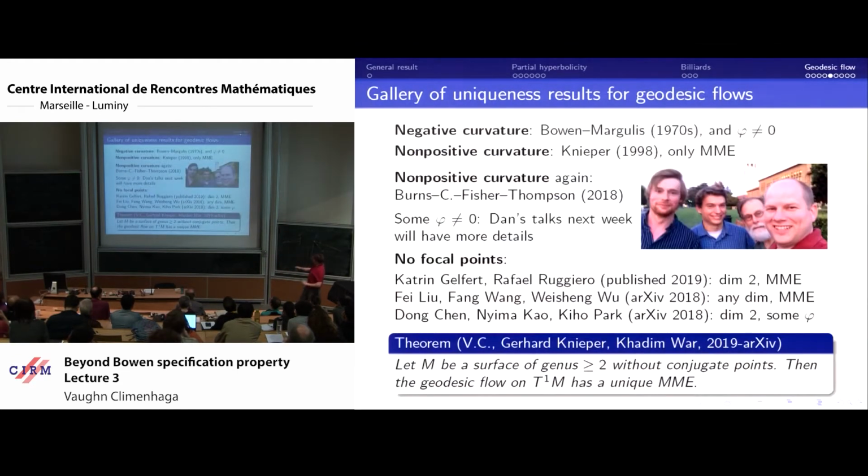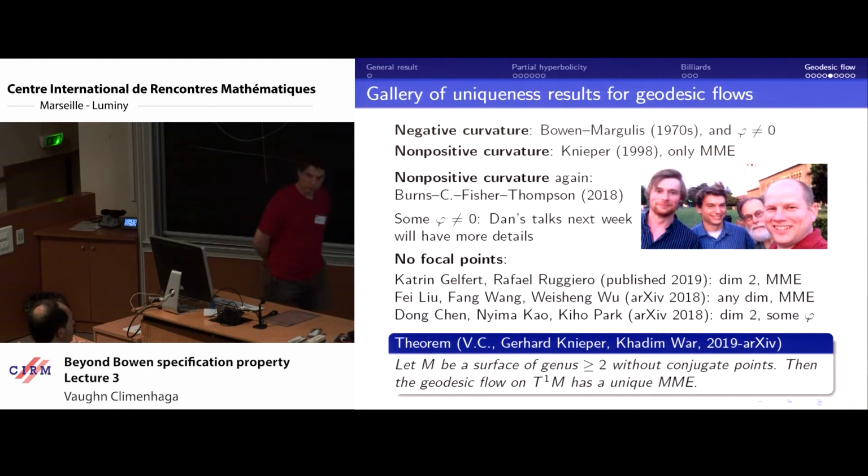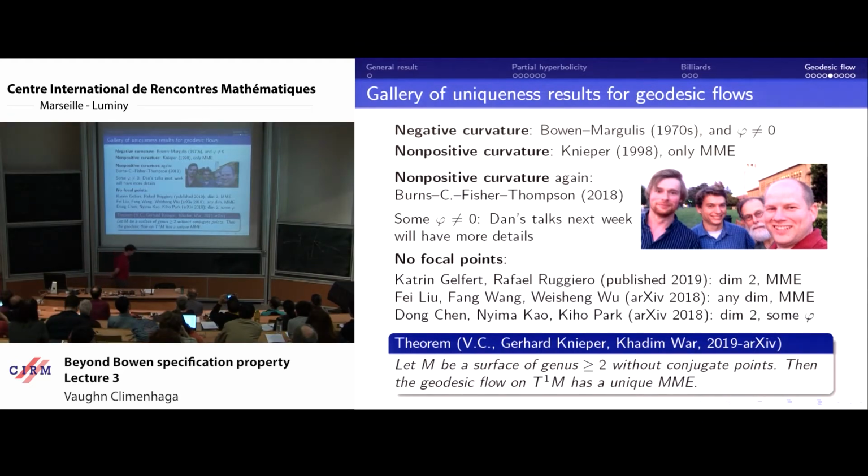But first we should survey what's known for geodesic flows. So you have this hierarchy from negative to non-positive to no focal points to no conjugate points. Well, the negative curvature case is Anosov, and so this was handled in the 70s. You have Bowen-Margulis measure. Bowen-Margulis measure for geodesic flow in negative curvature is the unique measure of maximal entropy.